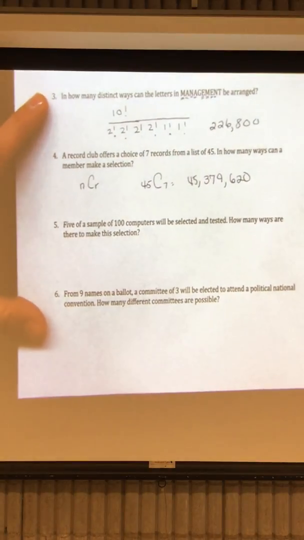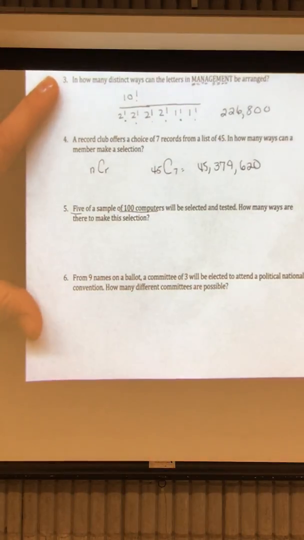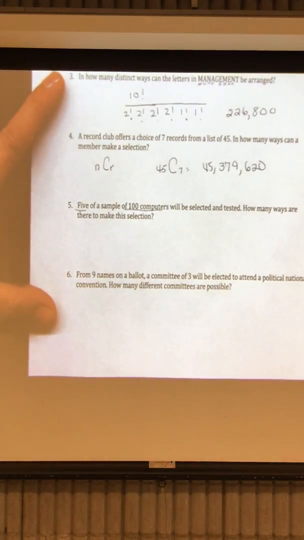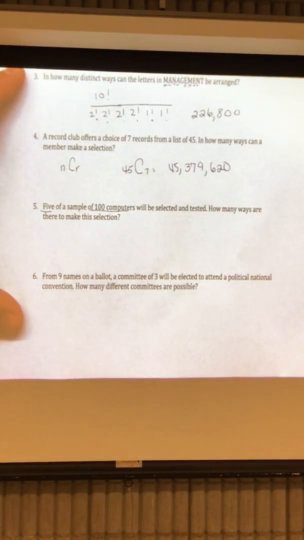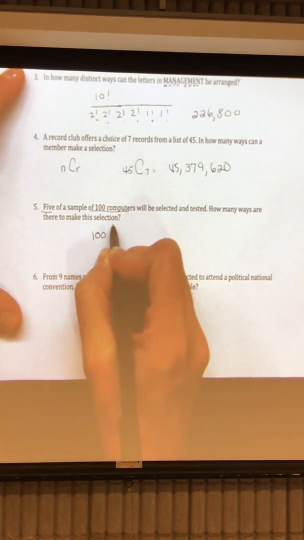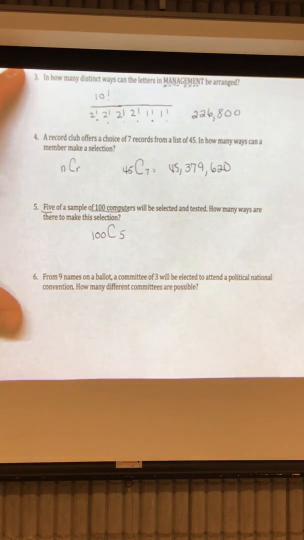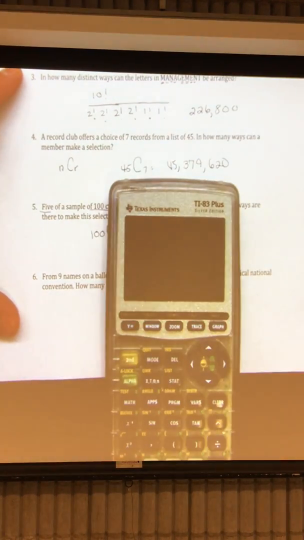Number 5, 5 of a sample of 100 computers will be selected and tested. How many ways are there to make this selection? Again, order does not matter here, so we're using combination. And we have a total of 100, and you're choosing 5. So 100C5.